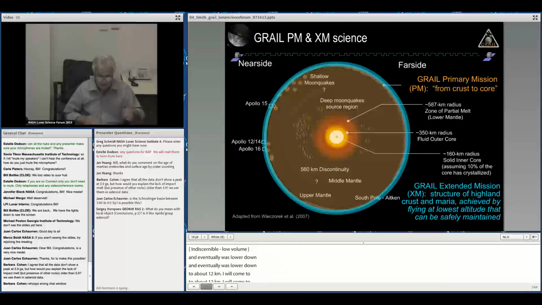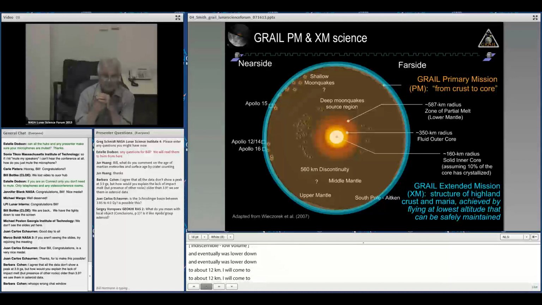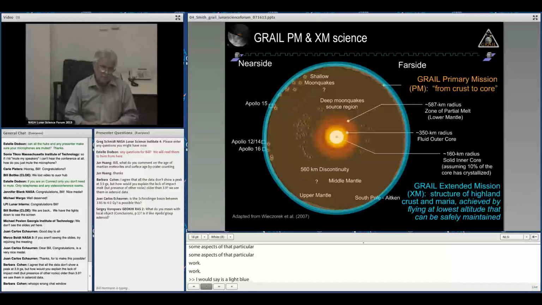In this chart, as it's now annotated with the light blue color, this is to show that in the extended mission we decided to exclusively look for gravitational signals in the outer layer of the crust, the top 10, 20, 30 kilometers or thereabouts.